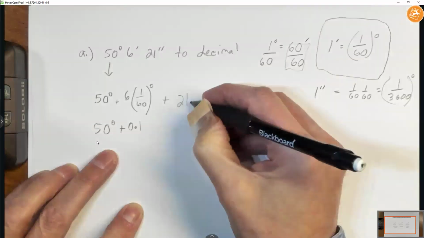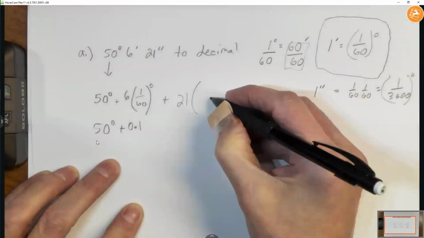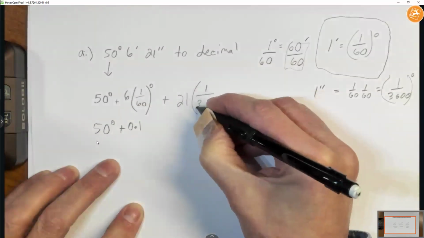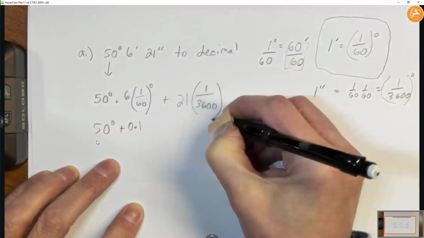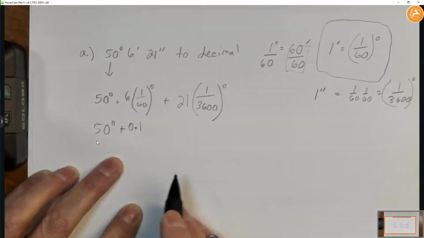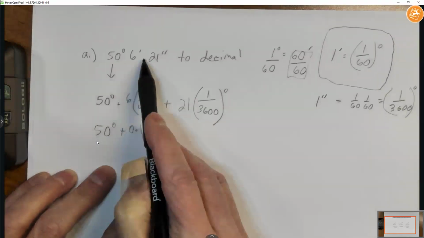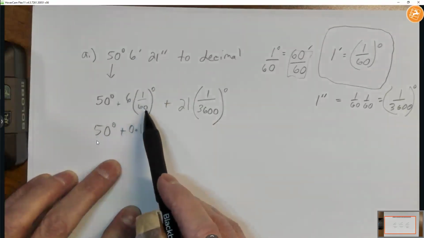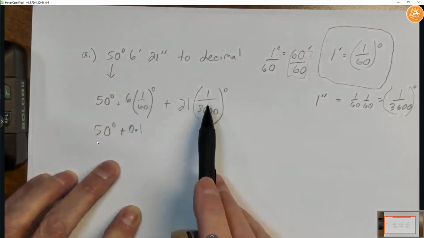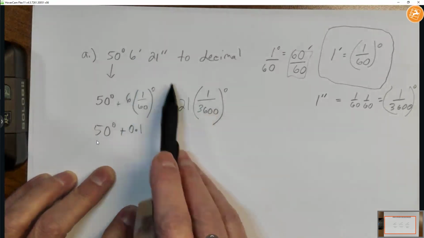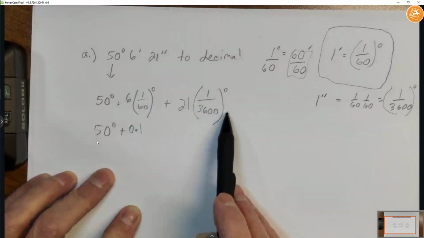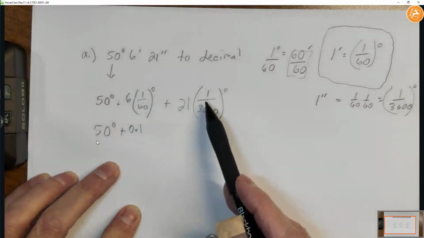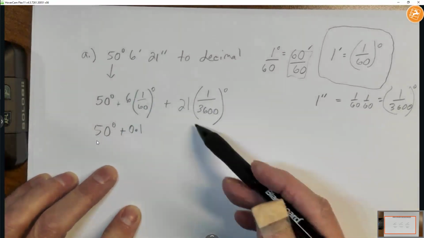So we're going to take this 21 times 1/3600 to get degrees. All right, so just know that you're going to multiply your minutes by 1/60th to get degrees, and you're going to multiply your seconds by 1/3600th, because that's a single second.